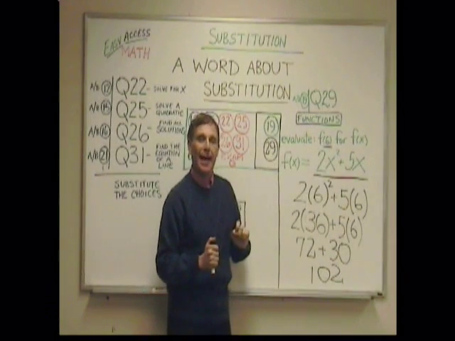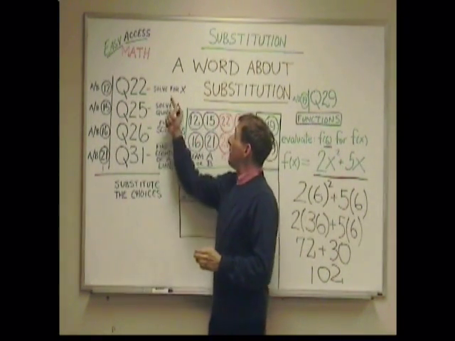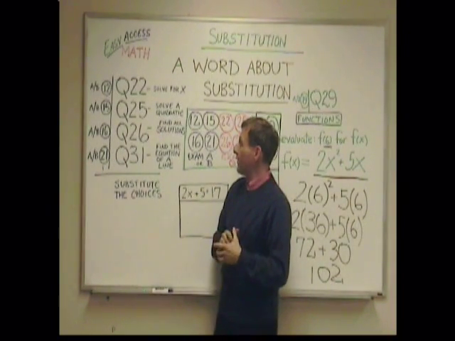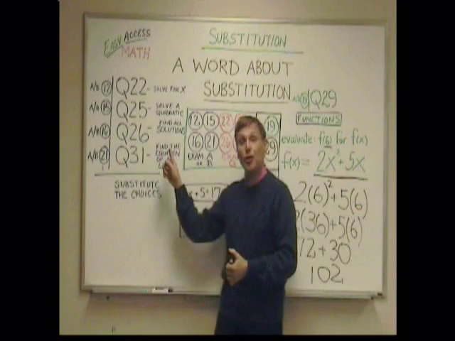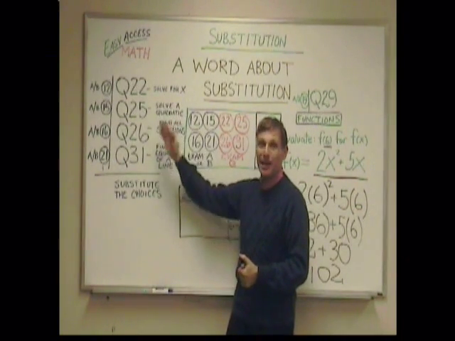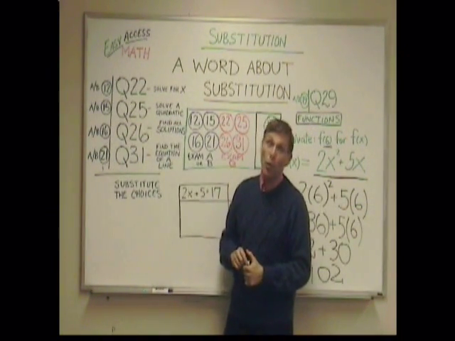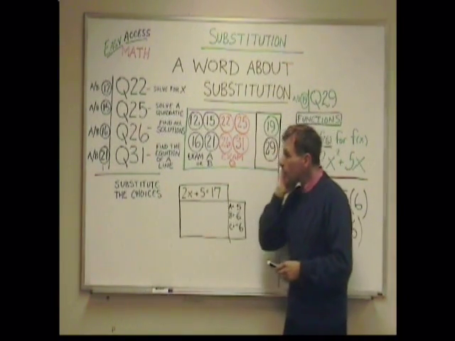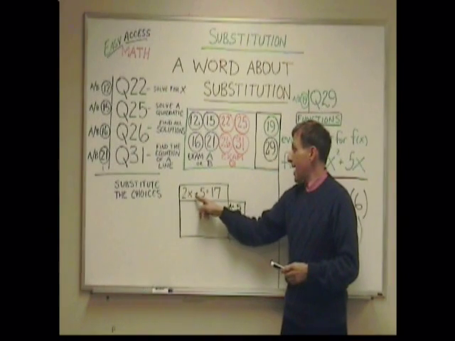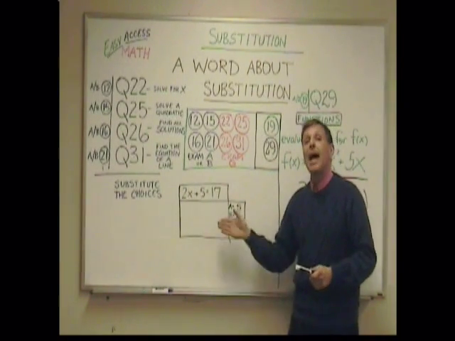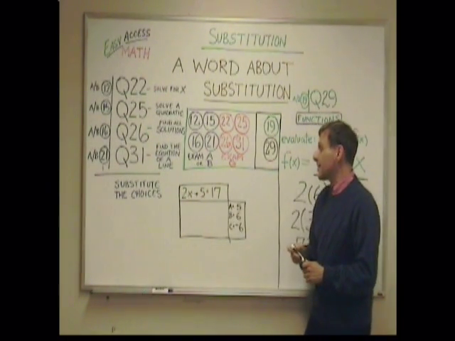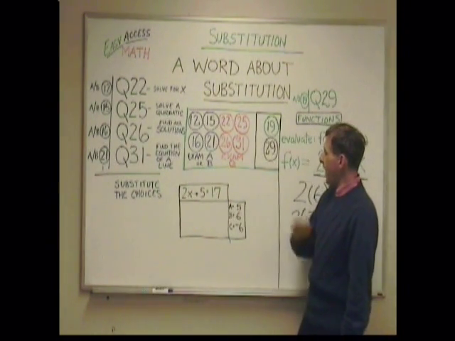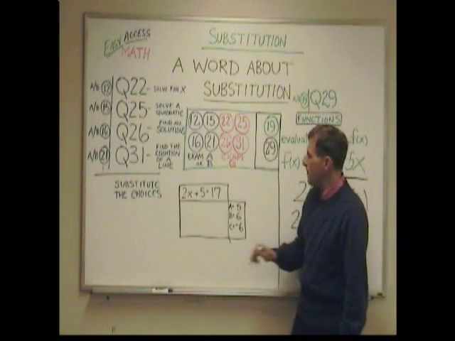So remember that. For problems such as solve for x, solve a quadratic, finding all solutions, and the equation of the line, we're using the choices, A, B, C, and D, to see which one works. As in this example, if I had the equation 2x plus 5 equals 17, and I wanted to solve for x, using substitution, let's say I wanted to try choice A, which is 5.